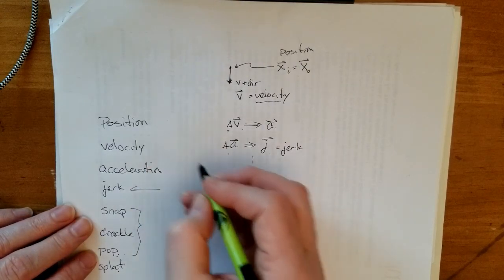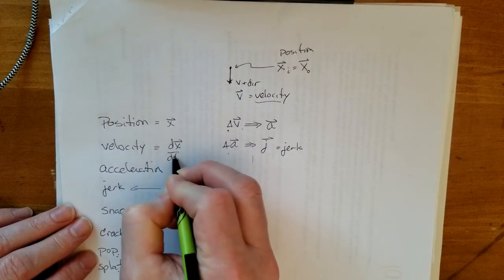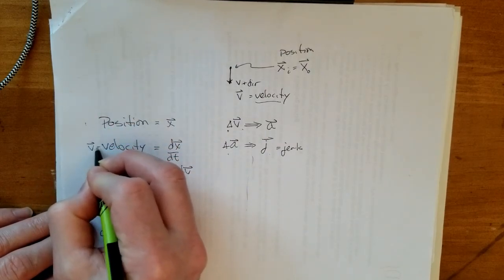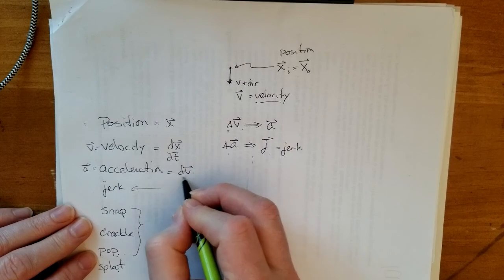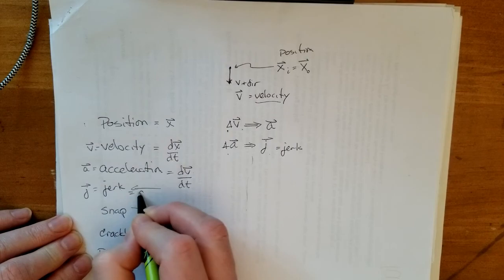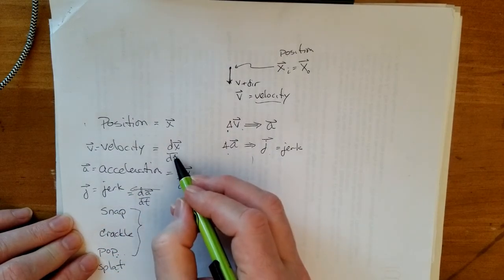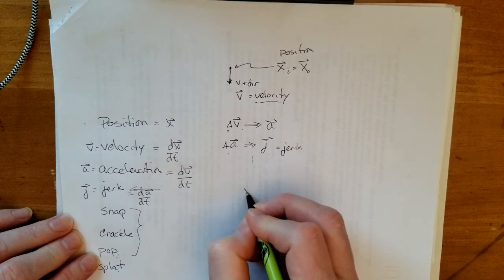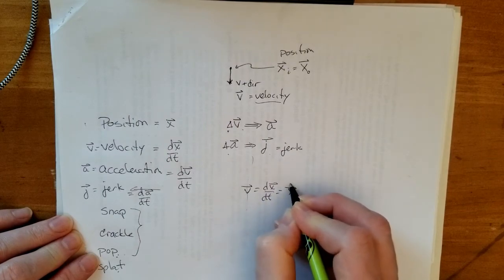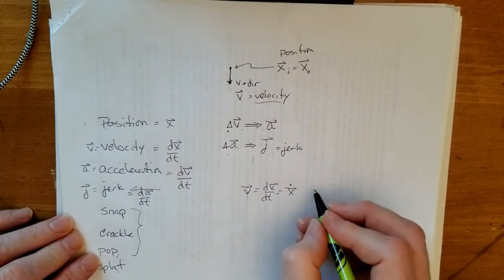Now, from a calculus point of view, if that is x, velocity is dx dt, acceleration is dv dt, jerk is equal to da dt, and so on. Some other notation: since velocity is dx dt, we can also write that as x dot. The dot notation is specifically derivative with respect to time.